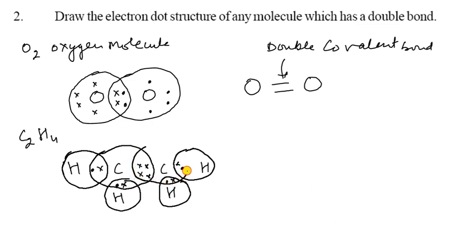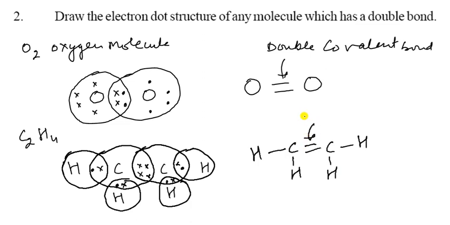Now share 2 electrons. They share like this, and this hydrogen atom is also sharing with this, and this one is also sharing with this. And the carbons, this one can be shared like this, and this carbon is also sharing like this.